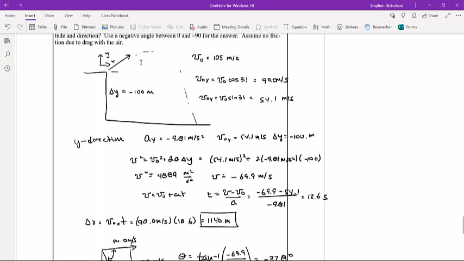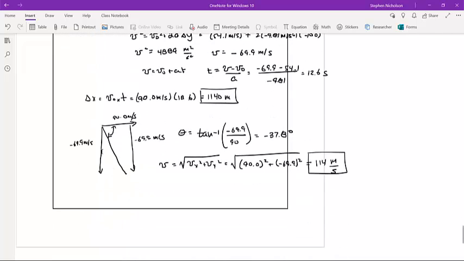Now, the object is going to be coming down at an angle like this. So it's going to have negative 69.9 meters per second for the y component of velocity. The x component's the same as it was initially, 90. So you have a horizontal component of 90, vertical component of negative 69.9. You have this velocity triangle.